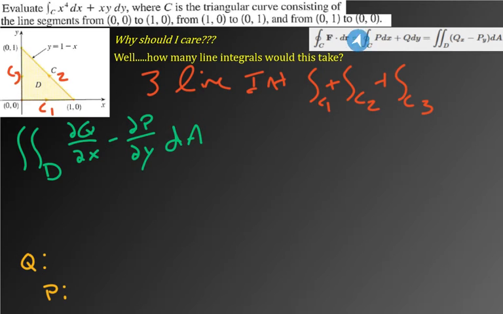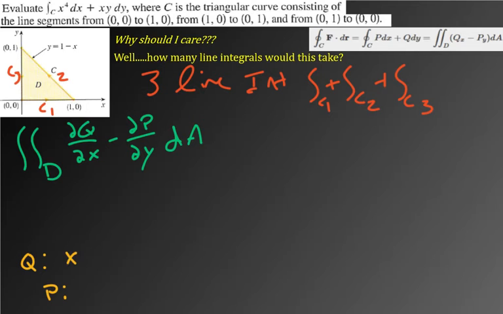I put the general Green's theorem over here. The one with the dx is always P, and the one with the dy is Q. Whatever is with the dx and whatever is with the dy, you take the partial of the second one with respect to x, and then subtract the partial of the first one with respect to y. And that's Green's.